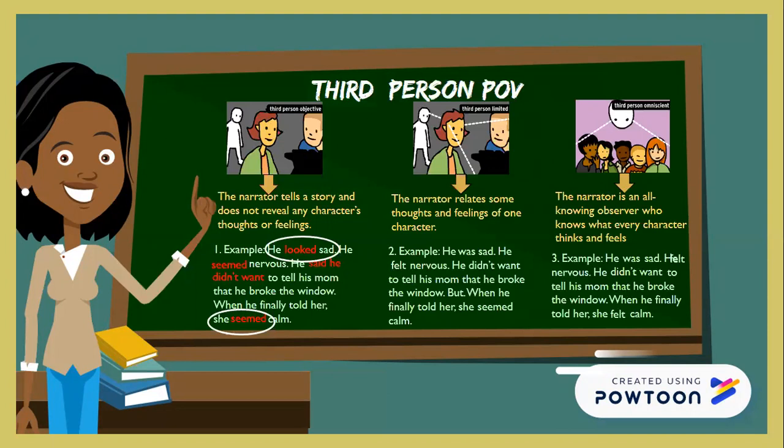He didn't want to tell his mom that he broke the window, but when he finally told her, she seemed calm. Words to let you know that the narrator knows at least the boy's thoughts are he was sad, he felt nervous, and the narrator doesn't know anything about the mom's thoughts or feelings. It says that she seemed calm.